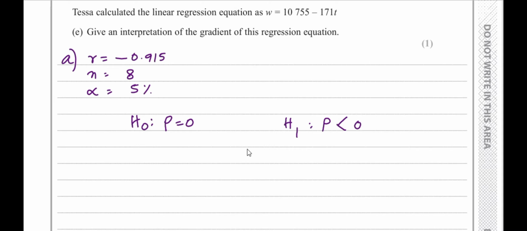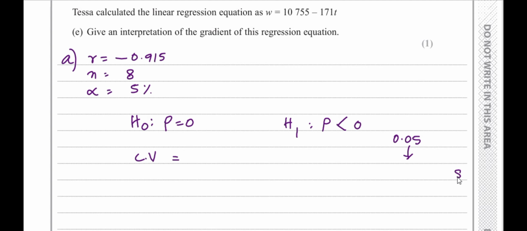The next step in the question is we need to find the critical value, CV. You will be given a table in which the level of significance will be there in the columns. For example, we have got 5% here, so it will be 0.05. Look under this 0.05, and the rows will be the number in the sample.